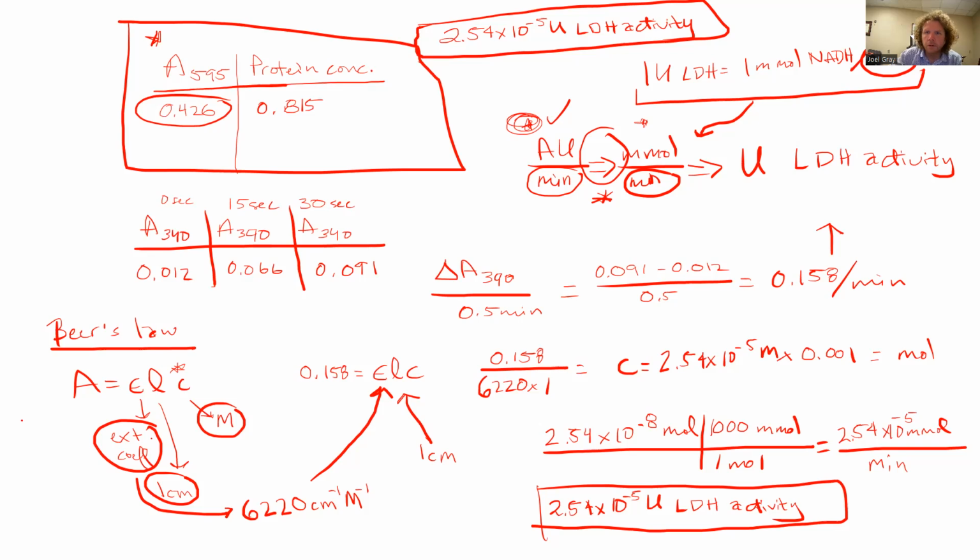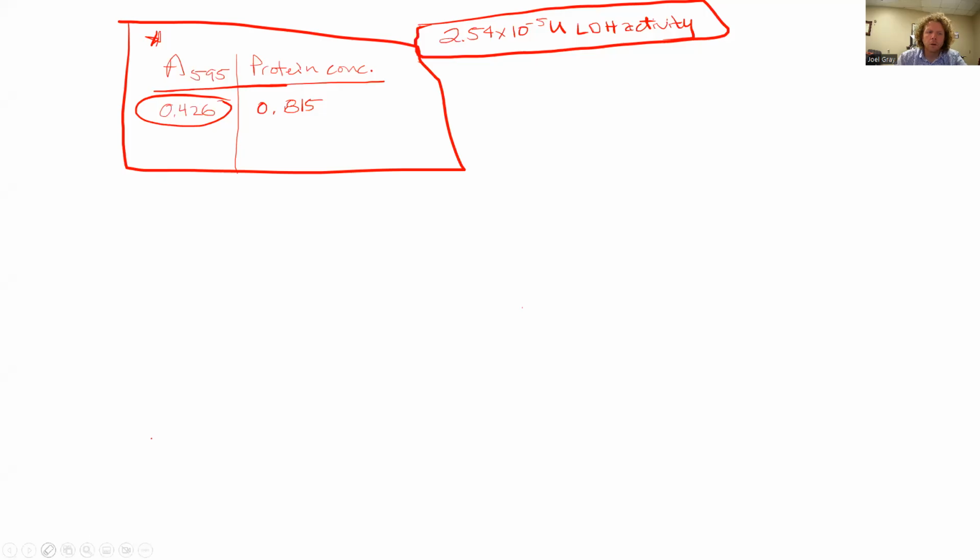In the meantime, I'm going to erase everything real quick. So now we're going to use our protein concentration and our units of activity to solve for what is known as a specific activity. Our specific activity is arguably the number that really matters.